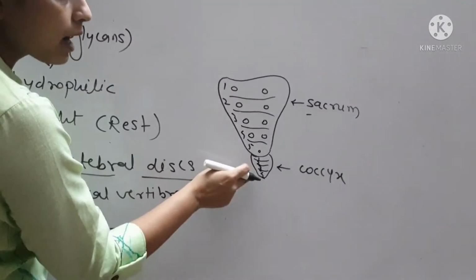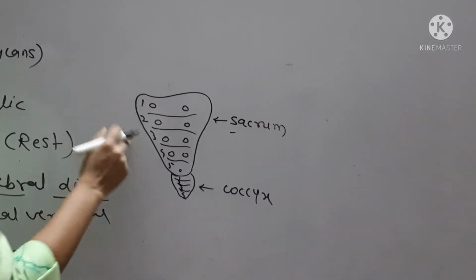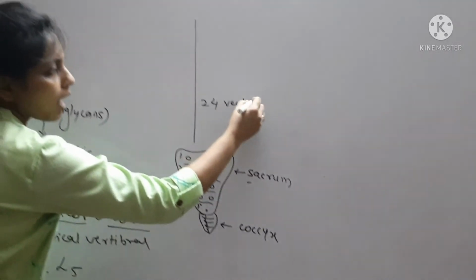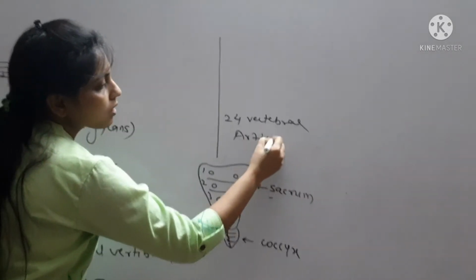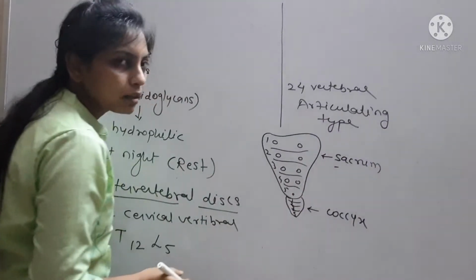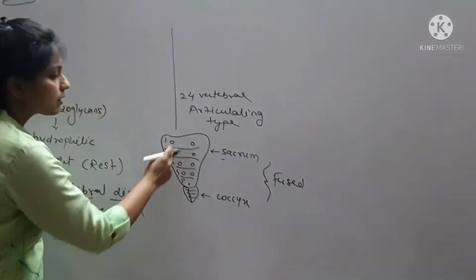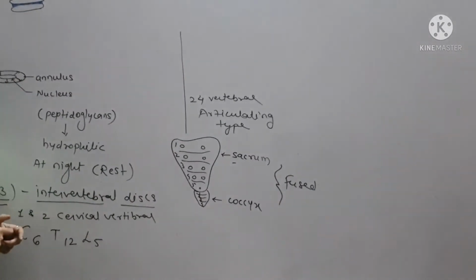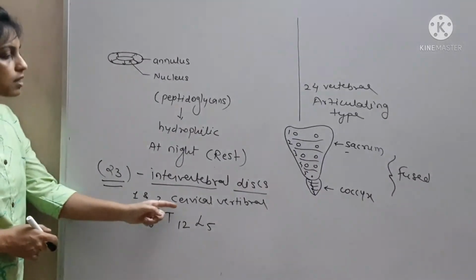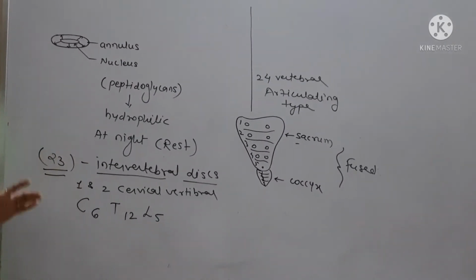That is why the sacrum and coccyx are known as non-articulating vertebrae, whereas the rest of the vertebrae, that is the superior 24 vertebrae, are articulating type. These non-articulating ones are also known as fused vertebrae, as the intervertebral disc is absent in between them. It is also not present between the first and second cervical vertebrae. The rest of the cervical vertebrae possess intervertebral discs in between them.